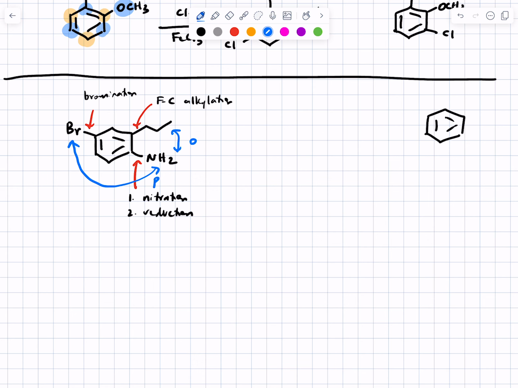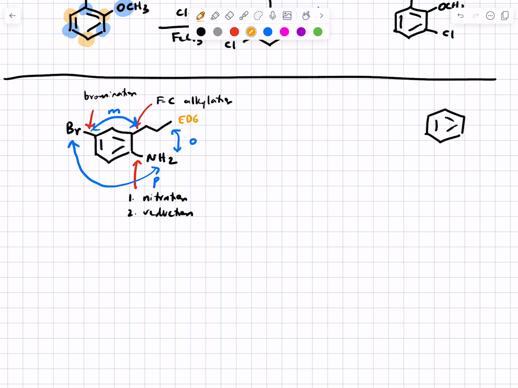Aniline is para to the bromo group. That checks out. But bromo is meta to the alkyl group. Once you've done that, now summarize the abilities of each of these groups.